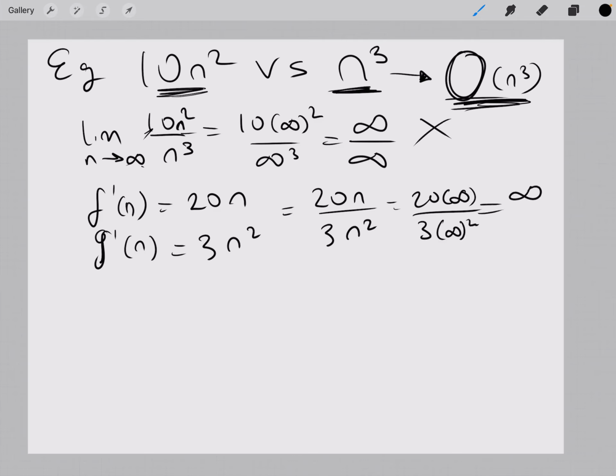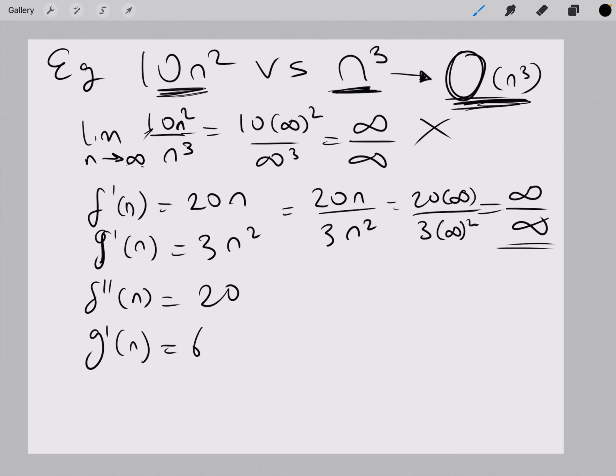So let's go further again. At this point, we'll have 20, because that's what the derivative will give, and g double prime of n will be 6n. We have 20 divided by 6n.